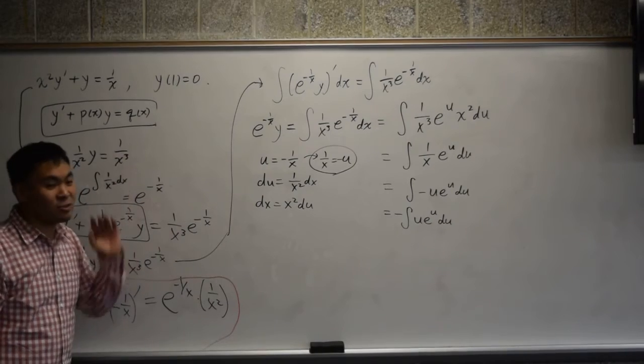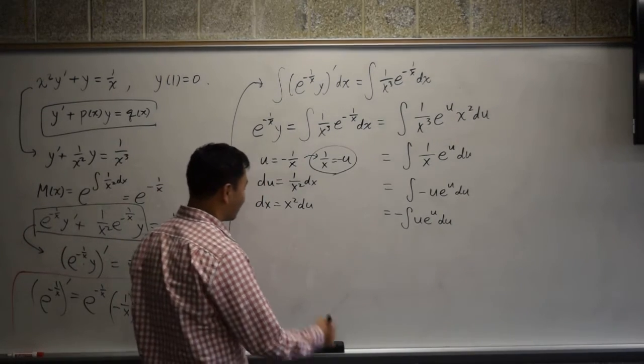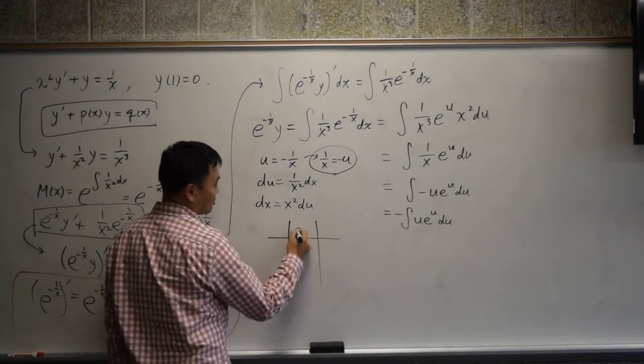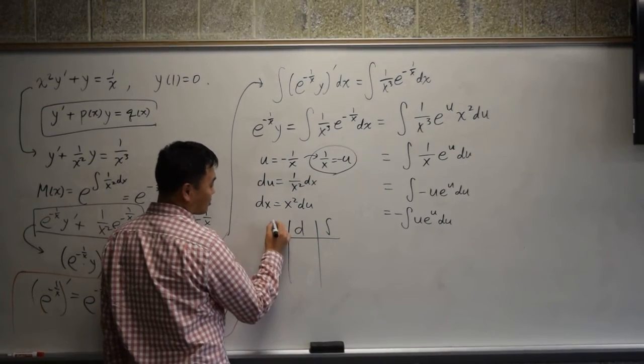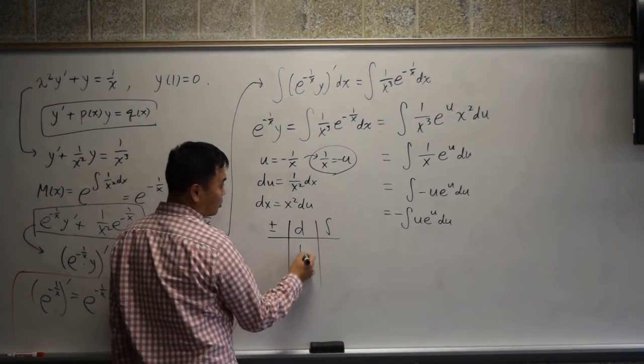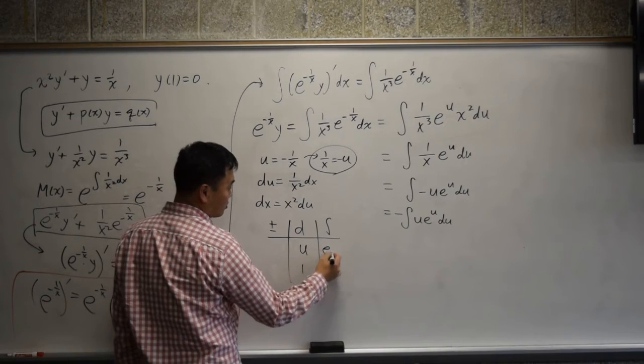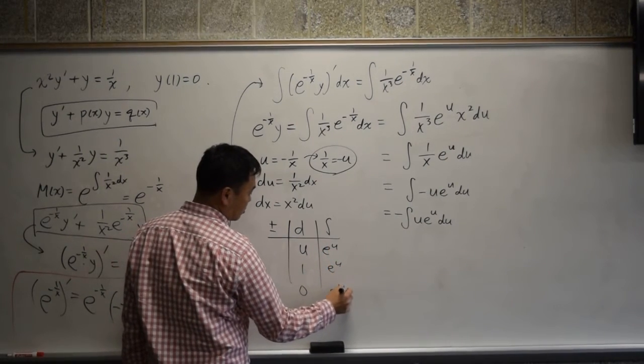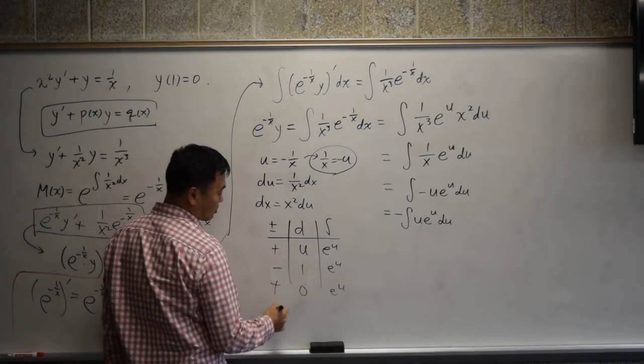And only then you can use the integration by parts. With the table of derivative, integral, and alternating signs: u, 1, 0 and e to the u, e to the u, e to the u, plus, minus, plus.